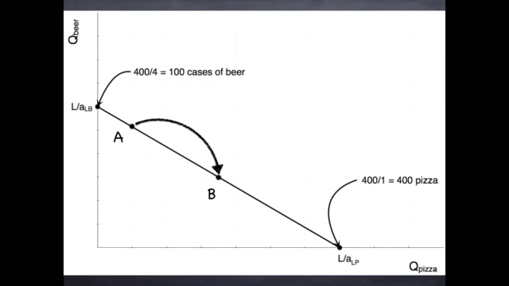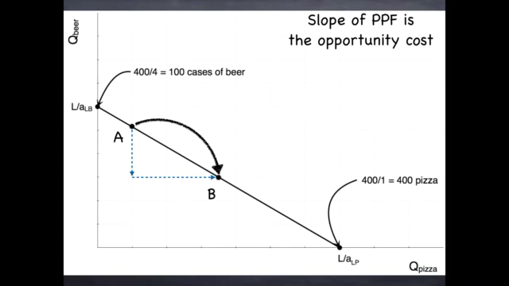So in order to increase the amount of pizza being produced, we reallocate resources away from beer, and that causes the production of beer to decrease, and those resources get shifted over to pizza, which allows us to increase the level of pizza production. So this is what is meant when economists talk about a trade-off, the fact that if you engage in this activity, i.e. producing more of pizza, by default you have to produce less beer in order to accomplish that.